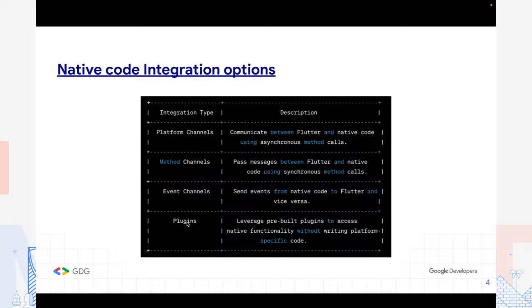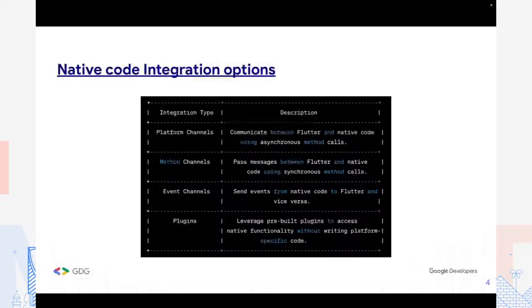And finally, we have the plugins, to leverage pre-built plugins to access native functionality without writing platform specific code. Let's say I want to write some code for which there is no package in pub.dev.